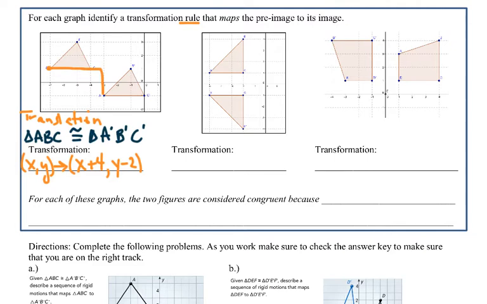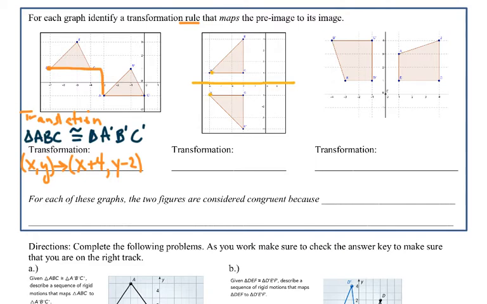Alright, the next one is a reflection over the x-axis. So we can see here, here's the x-axis, and if I flip ABC over that line, I get A prime, B prime, C prime. So what happens is that the x's stay the same, but the y's change.